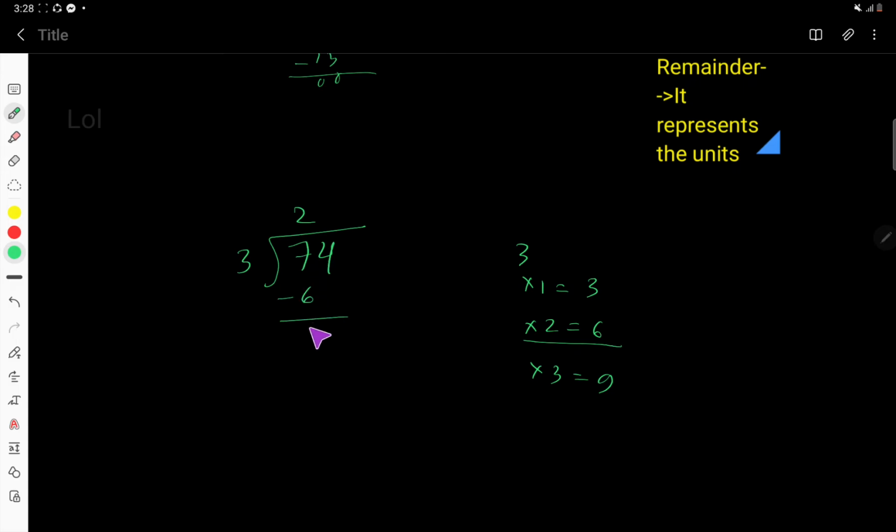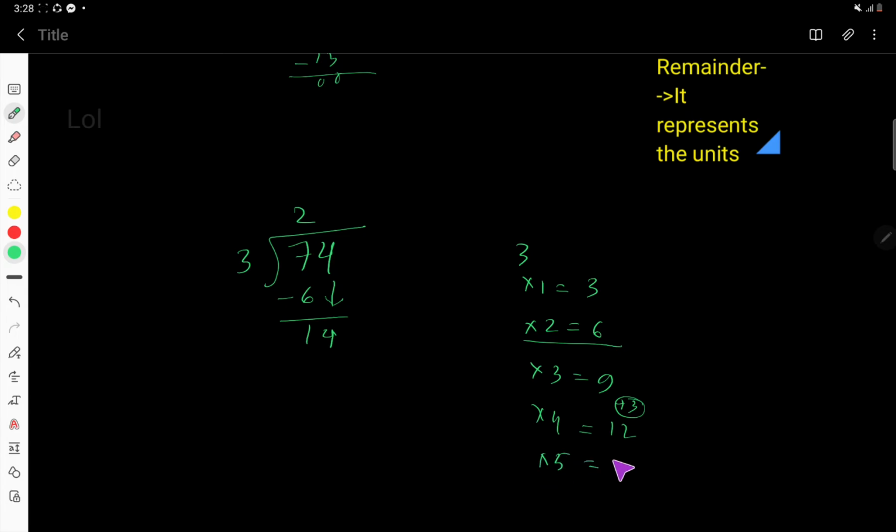Subtract, 7 minus 6, 1. Now bring down this 4. So you have 14 ones now, right? 3 goes into 14 how many times? 3 times 4 is 12, then 5 times is 15, just add 3.